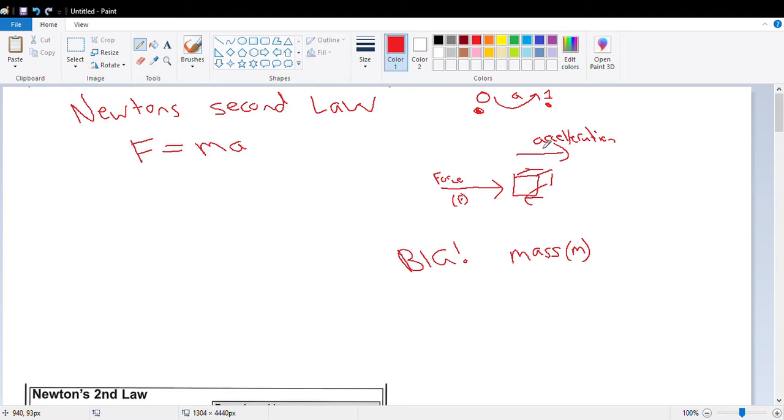But I want you to think about whether it's going to accelerate quickly or very slowly. Because we've got a large amount of mass, I want you to think about the acceleration rate. If there's a lot of mass, it's going to be really hard to push, so it's going to accelerate very slowly, i.e. a big truck taking off from the traffic lights is probably going to accelerate very slowly.